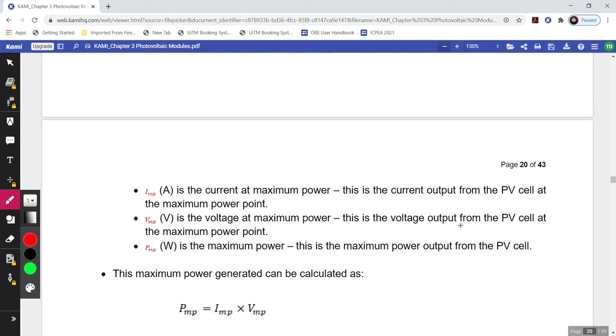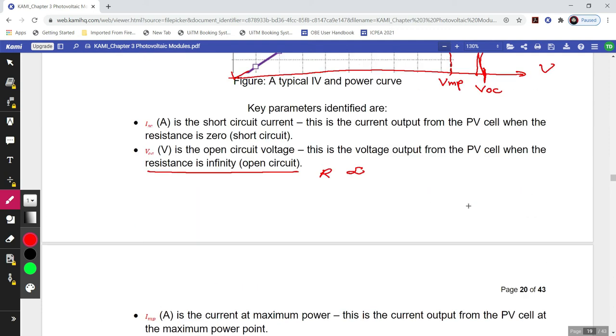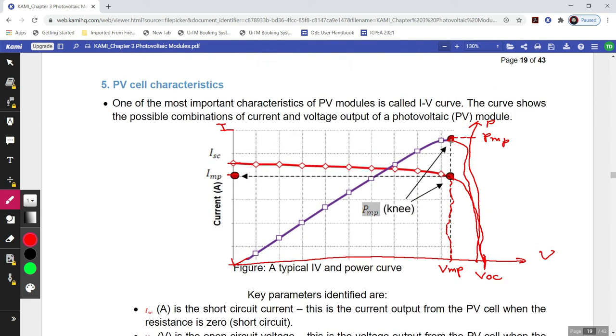This is the voltage output from the PV cell at the maximum power point. So at the maximum power point, we get the voltage here and the current here, which is PMP equals VMP multiplied with IMP.